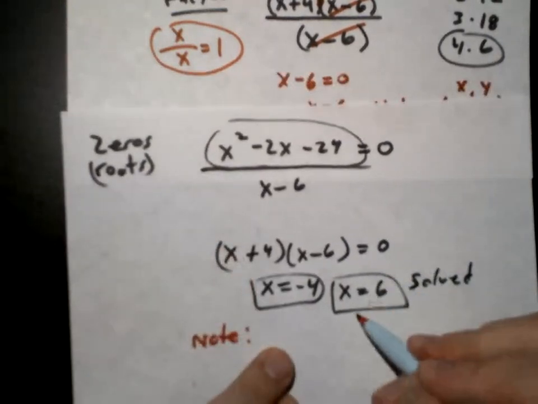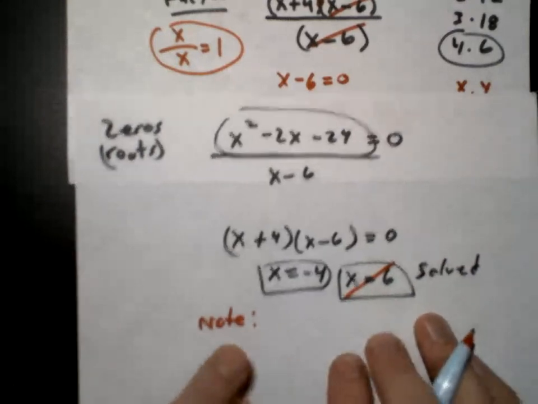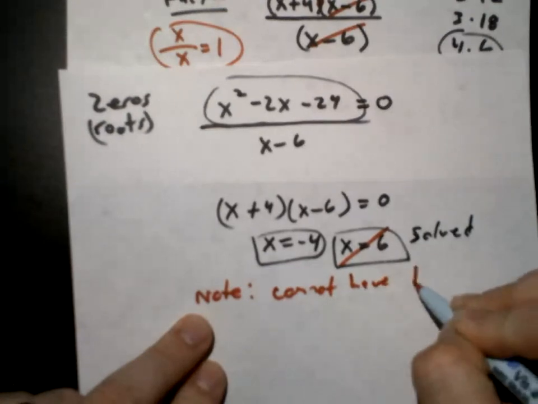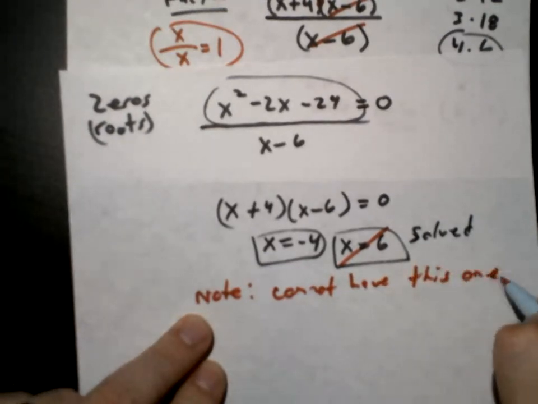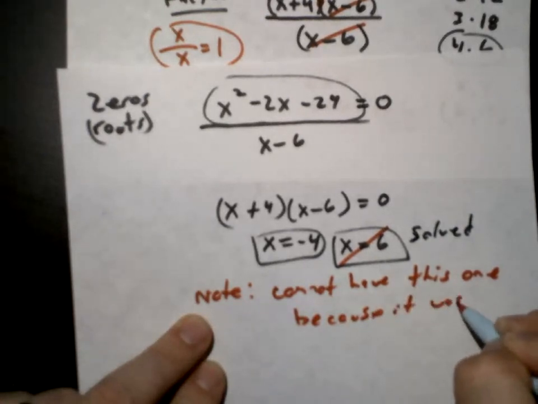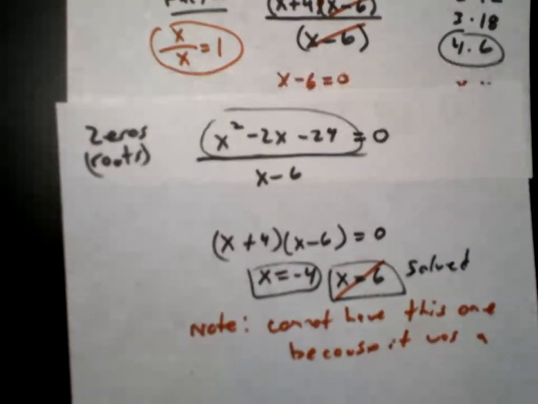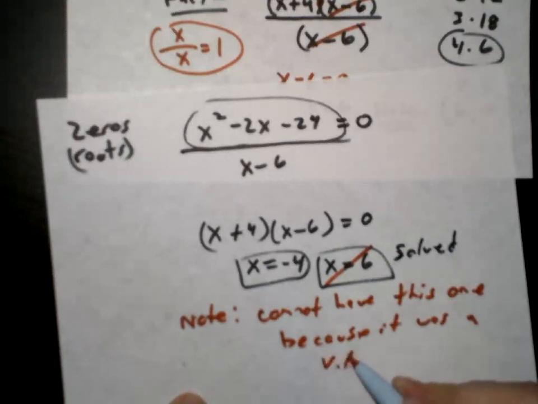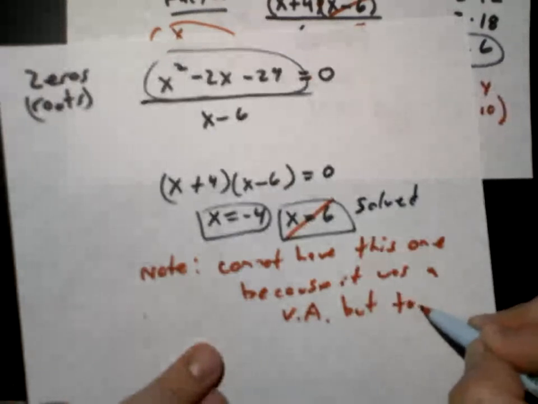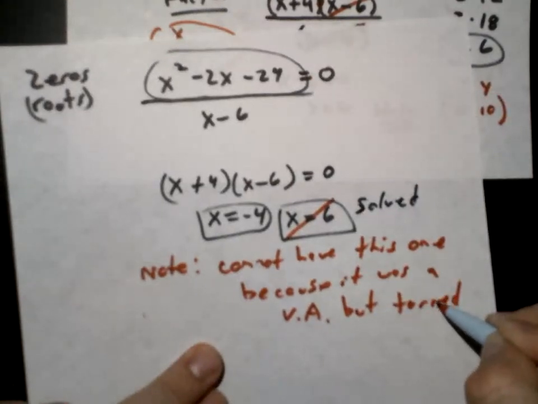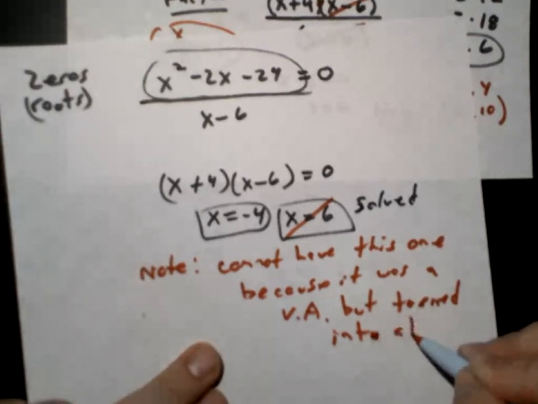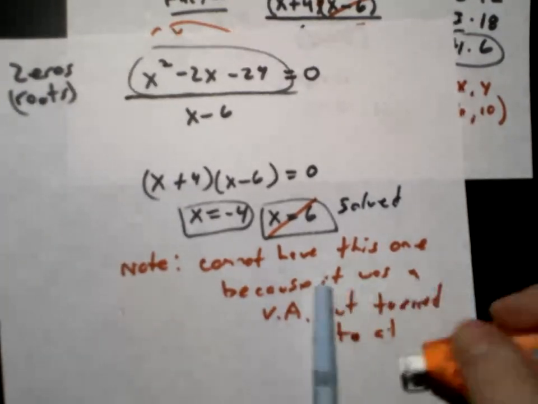You can't have that one. So we cannot have this one because it was a vertical asymptote, but it turned into a hole.